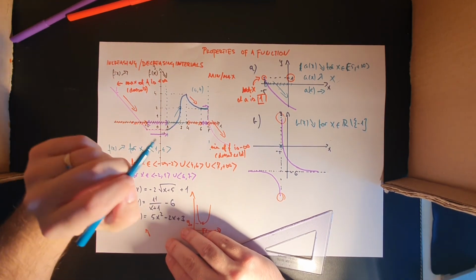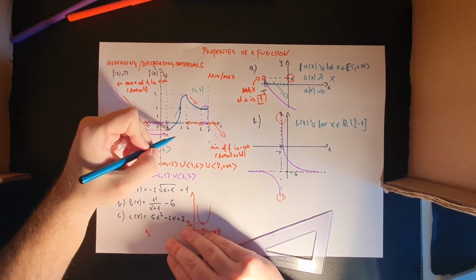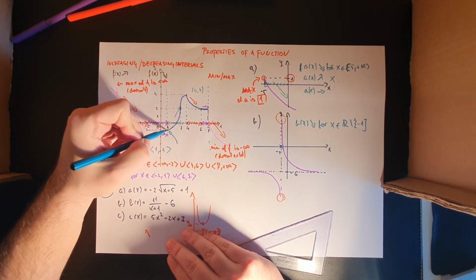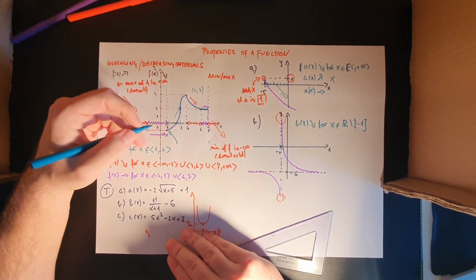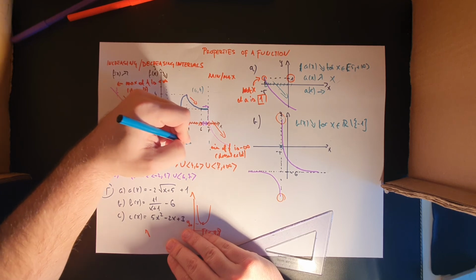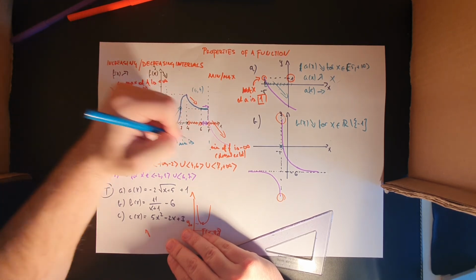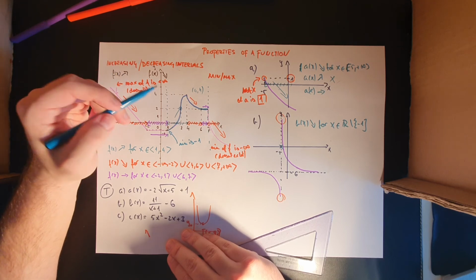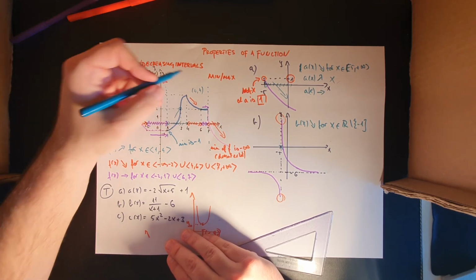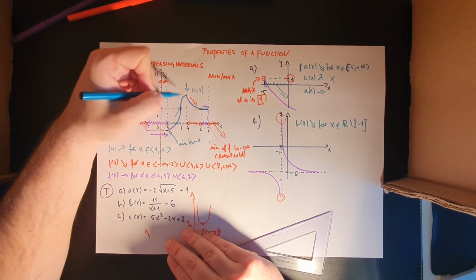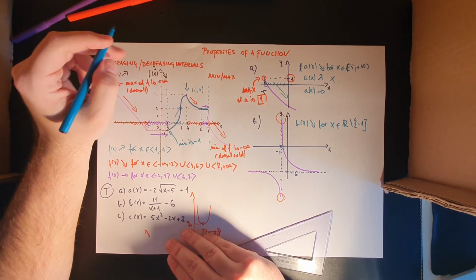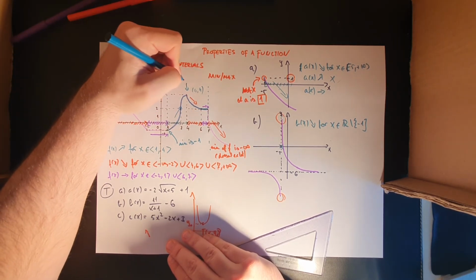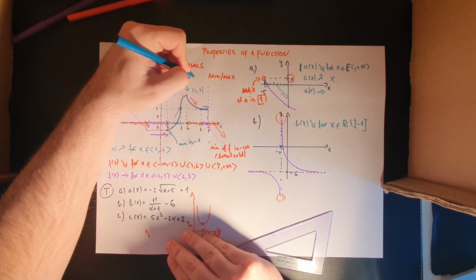If I ask you what is the minimum value, you're going to say, here is the minimum value, it's the lowest point, and the minimum value is -1. On the other hand, when I ask you what is the highest value or the maximum value, here is the highest point in the whole part of this graph, and it is, so max is 4.